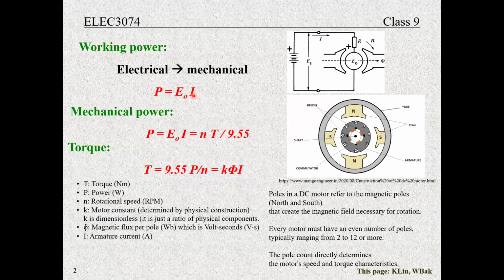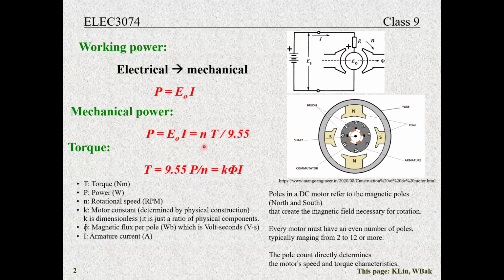So there'll be the electrical power. The mechanical power here would be the P in watts, and it's going to be equivalent to the voltage on the armature, which is the output voltage, times the current that goes through it.